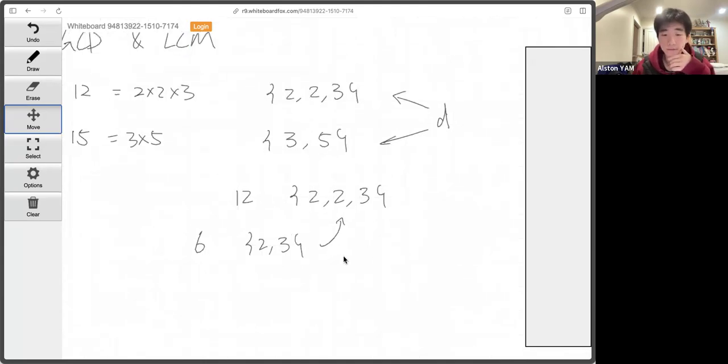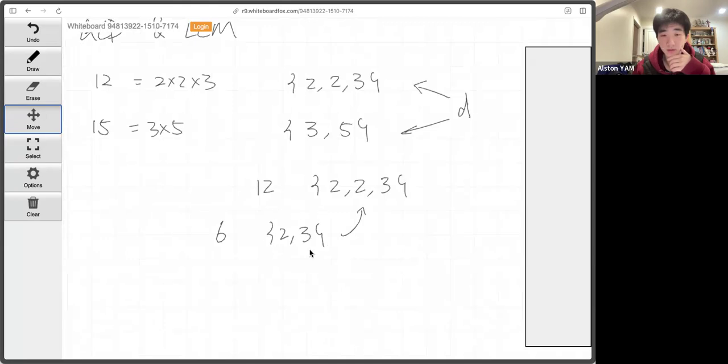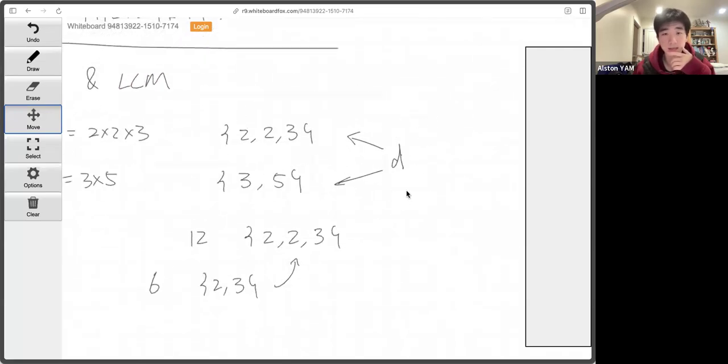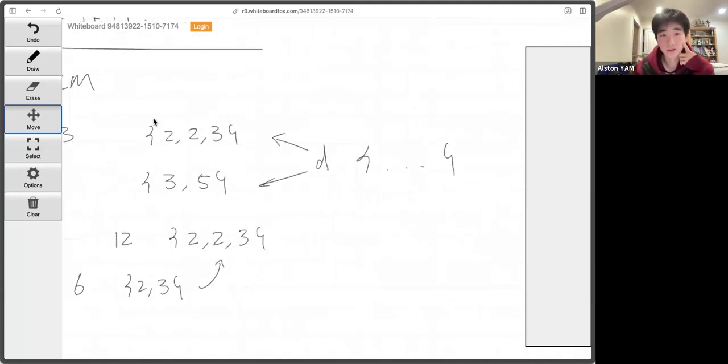If a number's corresponding set is a subset of another number's set, the other number will be a multiple of this one. So this number D, and the set that corresponds to it, must be a subset of both this one and this one. And we want the greatest subset. So that will be 3, right? Because only the set 3 is a subset of both this one and this one.